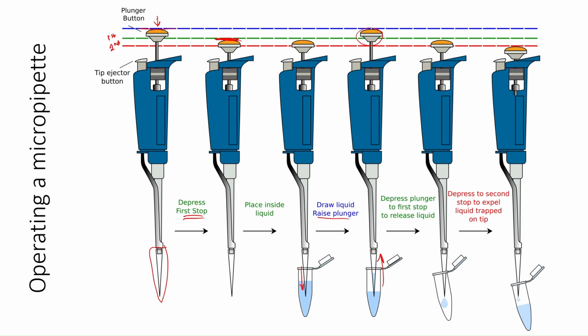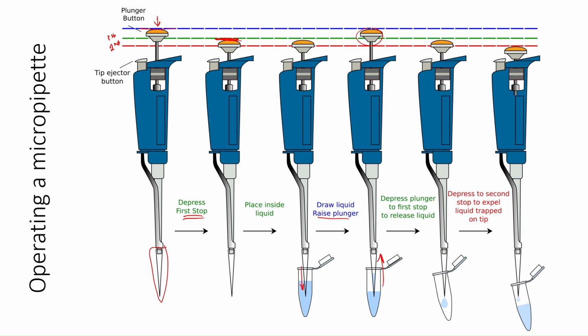Be really, really careful not to, when you're holding your pipette with your hand, tilt the pipette at this point so that it's horizontal or even upside down. If you do this, the liquid that's in the pipette tip will follow gravity and it could go up into the shaft and into the micropipette. And again, we'll have to take the whole pipette apart and clean it and potentially mess with the calibration. So please make sure to keep the pipette in this upright position, especially when you have liquid in the tip.